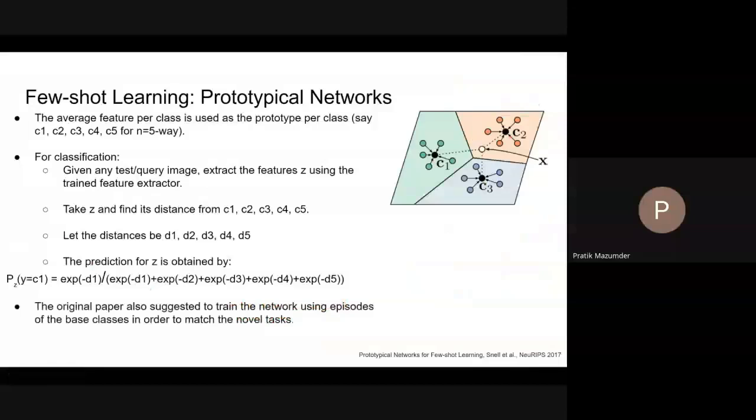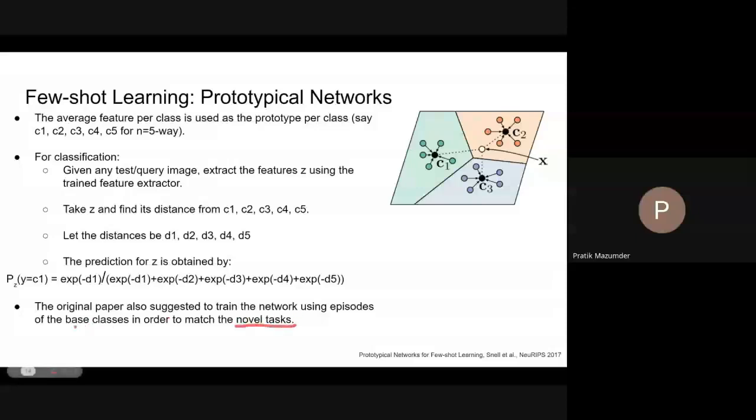So in this particular setup, what I described to you was that you have trained the base network, the base classes, in its usual manner. But actually, the original paper suggested to also train the base network in terms of episodes, so that you can match the base classes with the novel class.